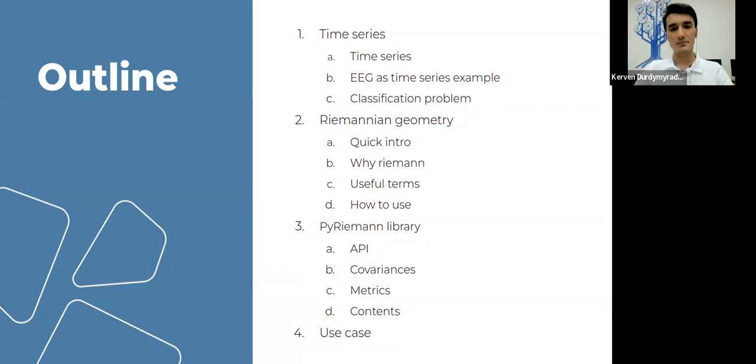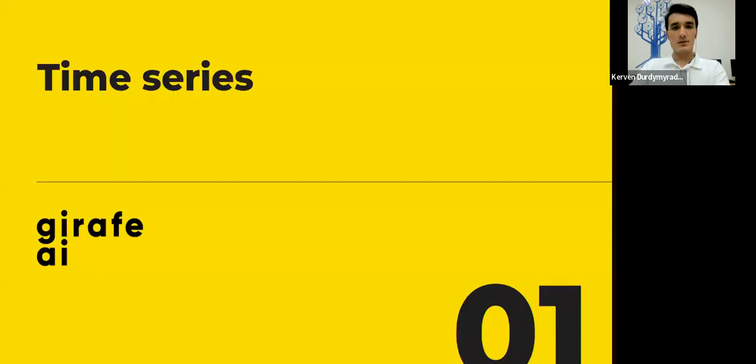In the third part, we will focus on the PyRiemann library. As you can see from the name, this library uses Riemannian geometry as a baseline. In the final part, we will give some examples of works which use Riemannian geometry. By the way, during the presentation, if you have any questions, you can ask me. I will try to answer based on my knowledge. So let's start with time series.